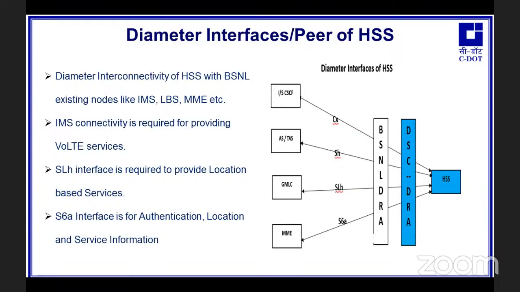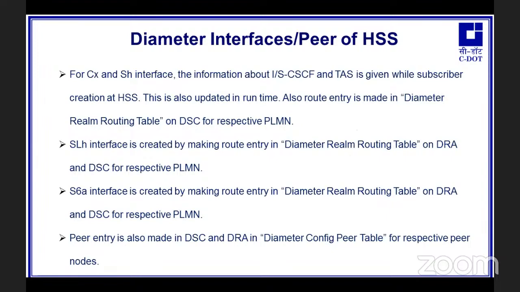IMS connectivity is required for providing the VoLTE services. The SLh interface is required to provide location based services, which is the LBS. S6a is required for authentication, location and service information. These are the detailed points I covered in the previous slide.